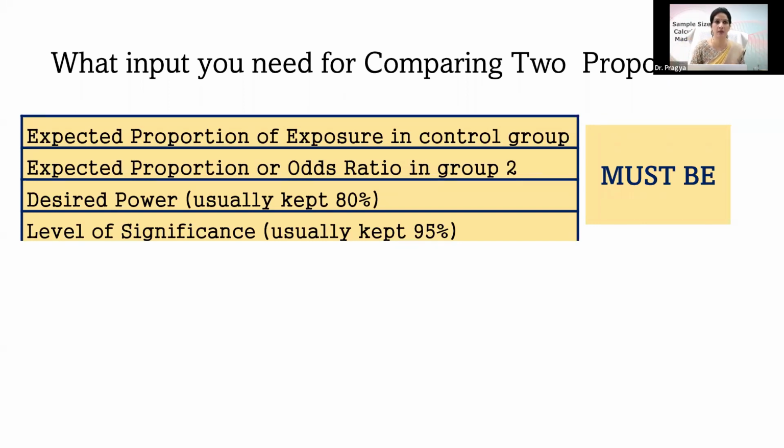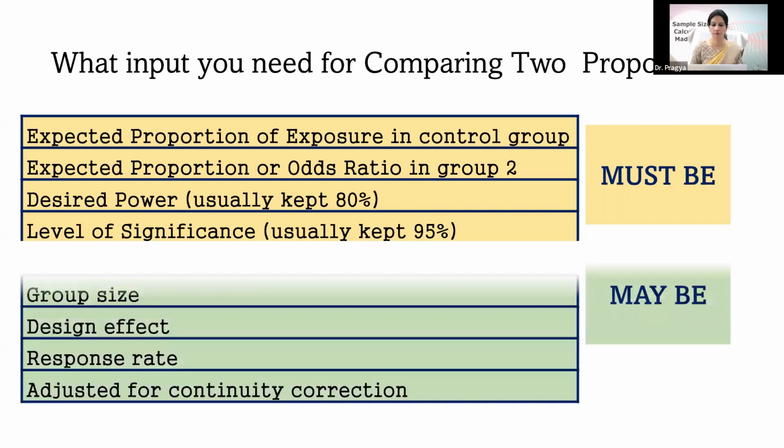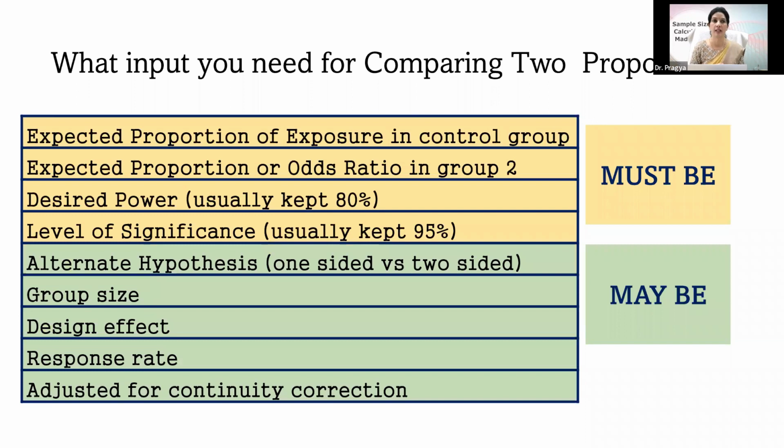And then desired power, we usually keep it at 80%. Level of significance, by mistake, it is written as 95. It is 5% actually. Now, the other things, like if you want to do a one-sided hypothesis, or if you want to change the group size, meaning the ratio of control and cases, if you want to put some design effect, or adjust for response rate or for continuity correction, like we did in the first session.